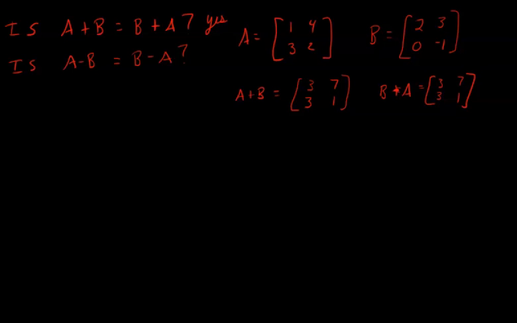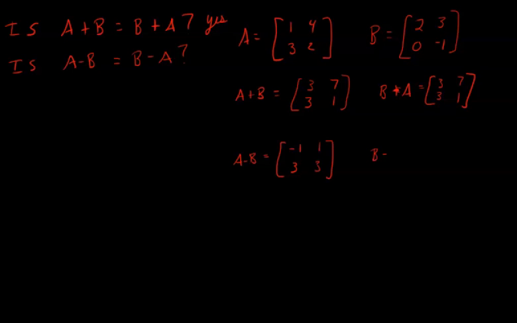Is A minus B the same as B minus A? Well, A minus B, this is 1 minus 2, 4 minus 3, 3 minus 0, and 2 minus -1, which is 3.